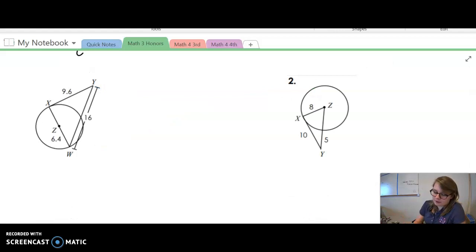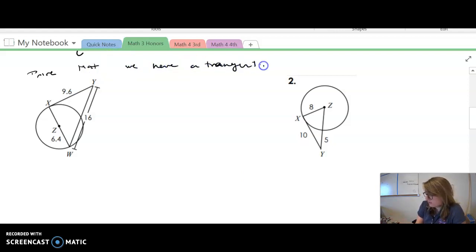So with our first two, I want us to prove that we have a tangent line. Forgive me for my handwriting. So let's look at this first one. We have number one here. I want to prove that 9.6 is my tangent line.